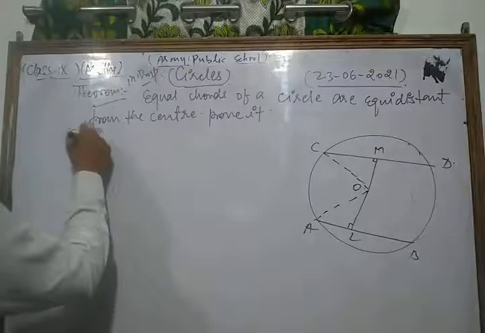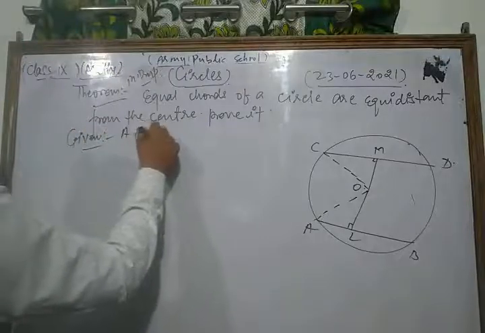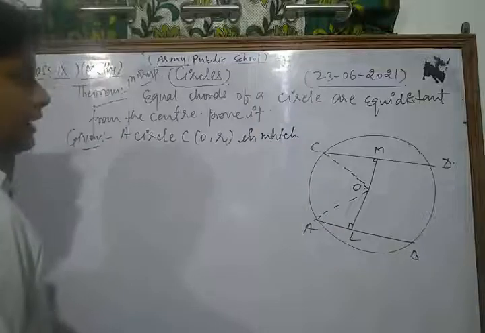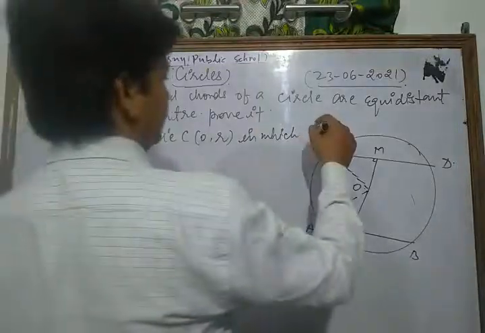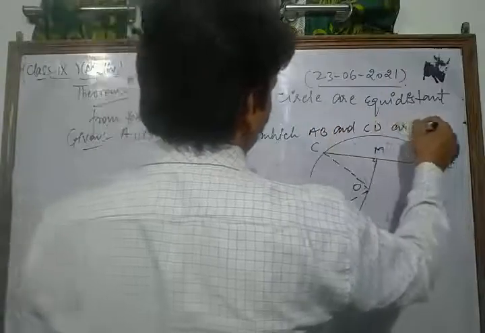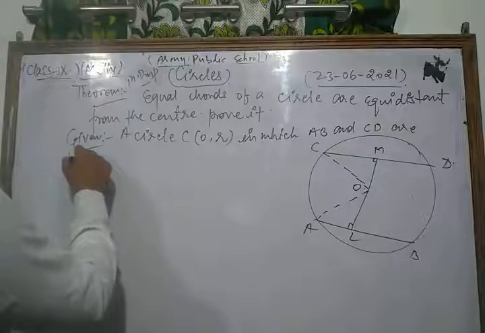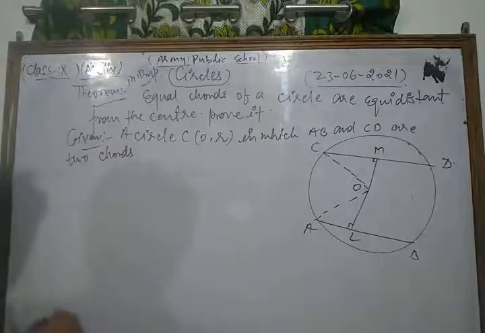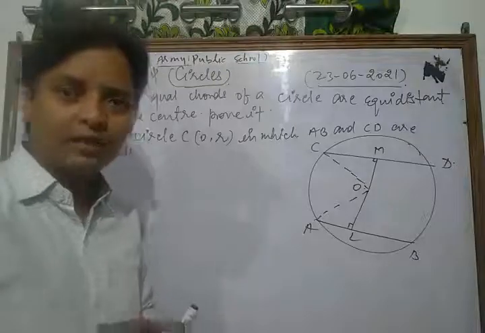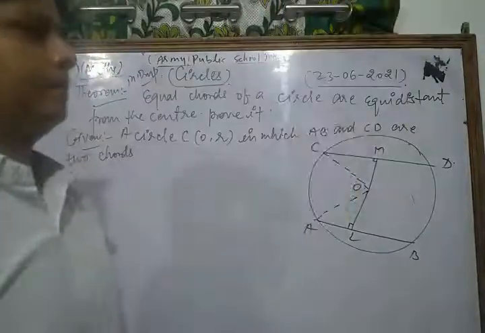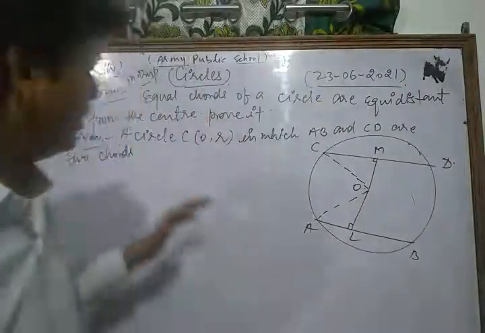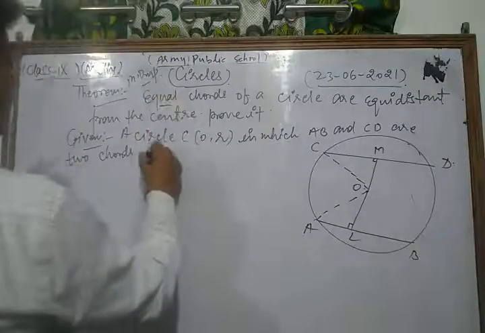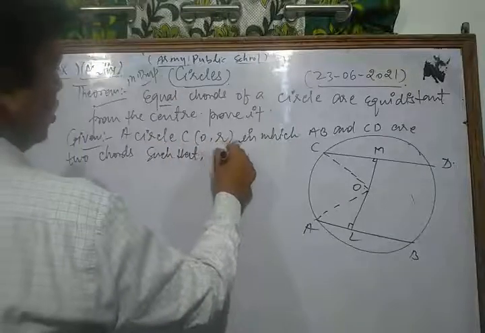First of all we write the given: a circle C with center O and radius R, in which AB and CD are two chords, such that chord AB is equal to chord CD.